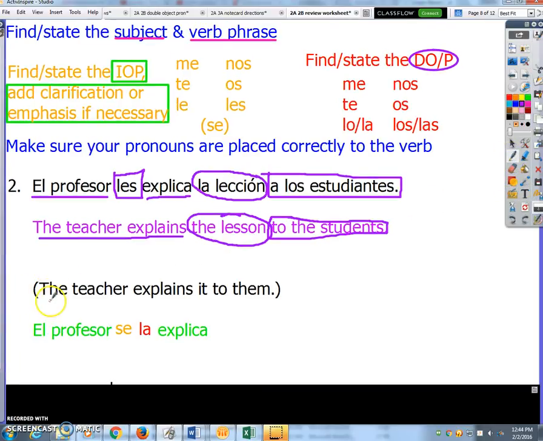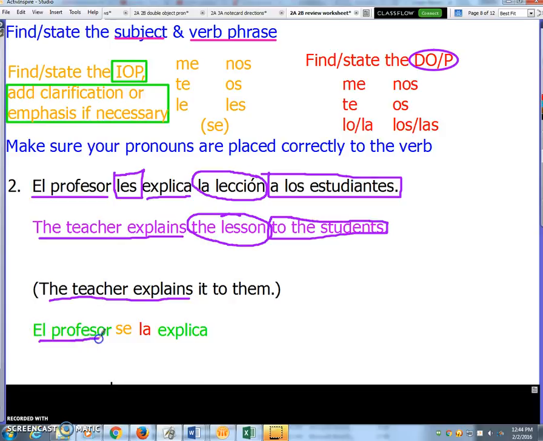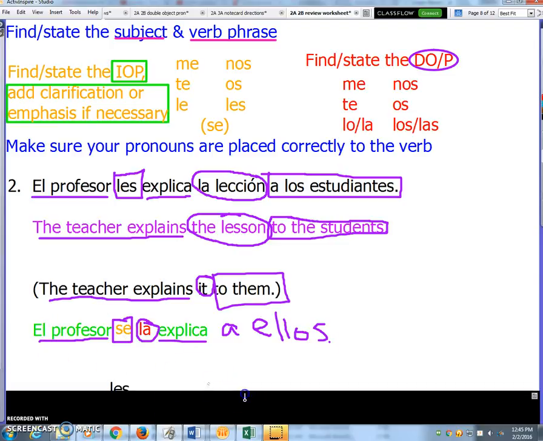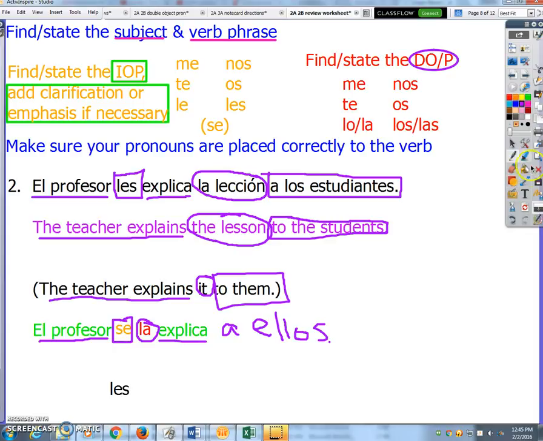And so my subject and my verb, the teacher explains what, it, that's supposed to be a circle, it's a very poor circle, to or for whom, to them. And if I needed extra clarification or emphasis so that it's not to anyone else, I could add ellos. But the teacher explains it to them. And that's our answer for number 2.